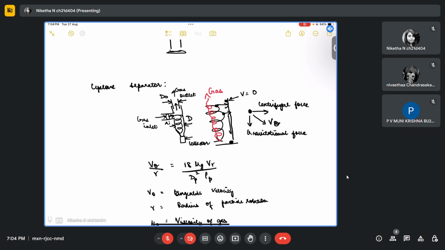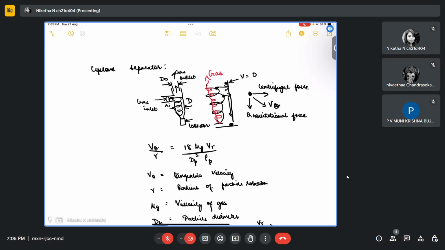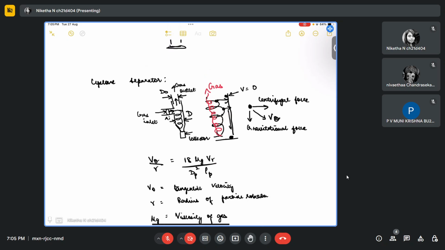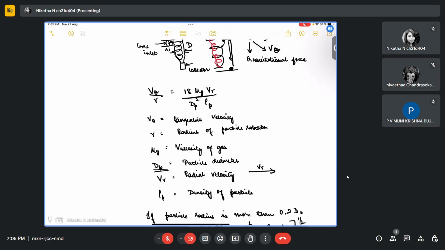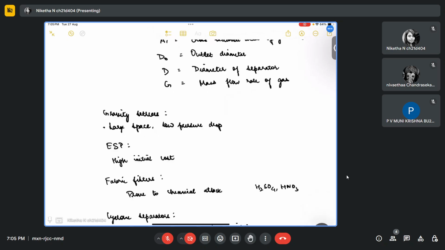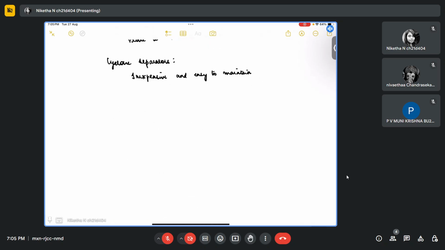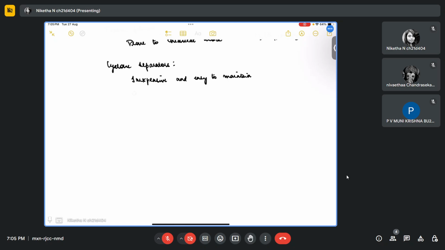If it is going to be small size particles, there are chances that it will just keep on rotating in this vortex, and it will just move out with the gas. It won't get removed. So that's why when you use cyclone separators, your particle size should be sufficiently high. Otherwise, the efficiency is going to be low. The removal efficiency for small size particles is low.